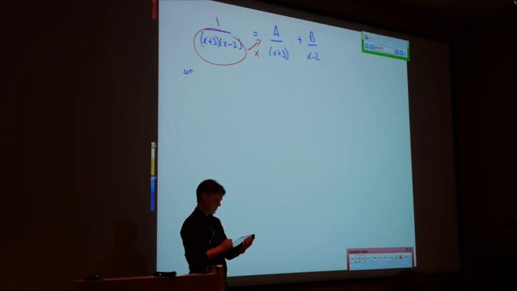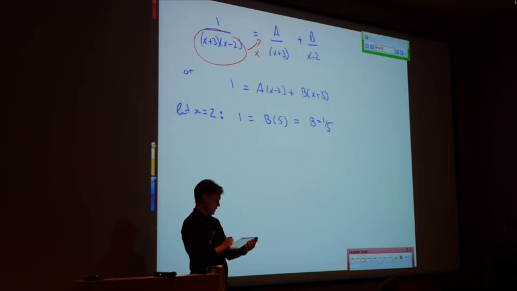Multiply that up. 1 equals a, the x plus 3's cancel, we get x minus 2, the x plus 5. This is true for all x, so we can pick our convenient x values. And we'll have a times minus 5. There we go.